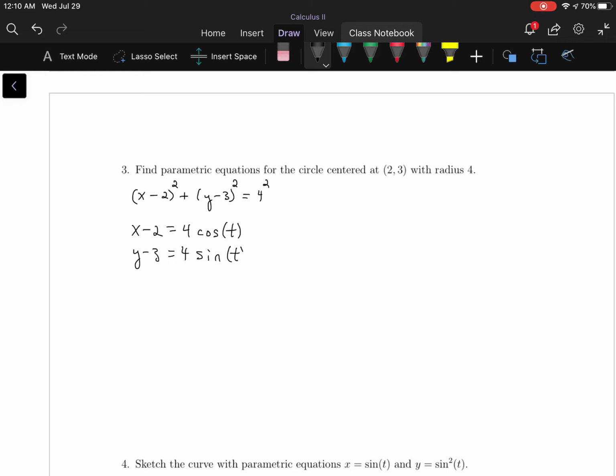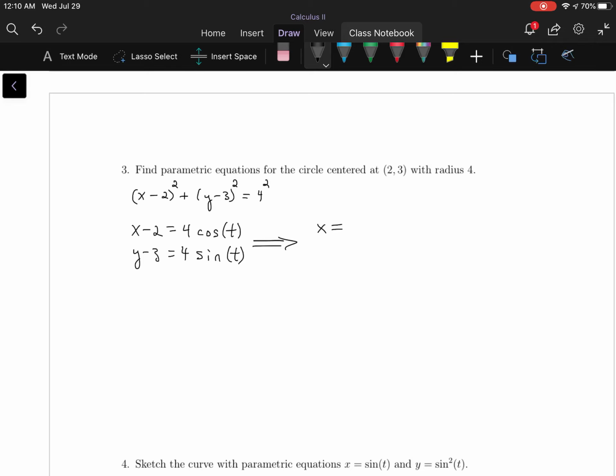The reason I have the 4 coefficient is because I know when I plug in a cosine and a sine, I'm going to have sine squared plus cosine squared. That equals 1. That doesn't equal 4 squared. And so I need the 4 in there, which is why I have a 4 for the coefficient of each of these. And then what's left is to just solve for x and y.